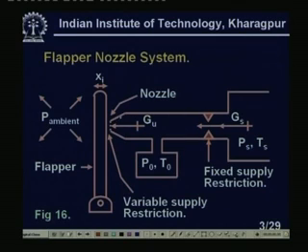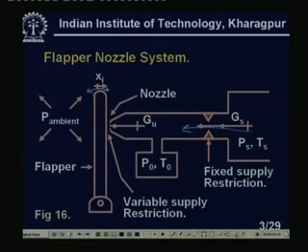Now, if the flapper goes close to the nozzle, a large pressure will develop in the system here, because we are giving a continuous supply of pressure. If it moves away, the pressure will be less. So this small displacement can be measured by measuring the pressure at this point, right.